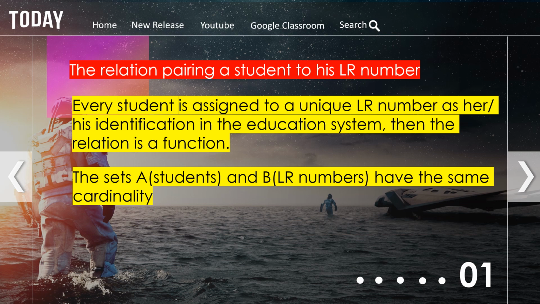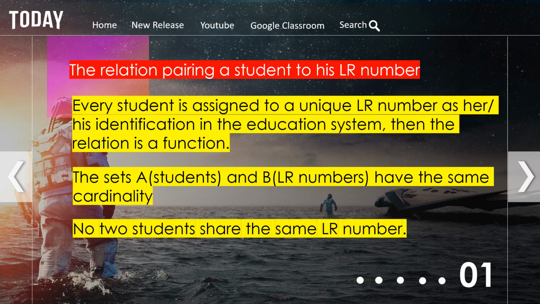The set A, which is the students, and the set B, which is our LR numbers, have the same cardinality. So if there are 100 students in your school, there are also 100 LR numbers given to 100 students. No two students share the same LR number.